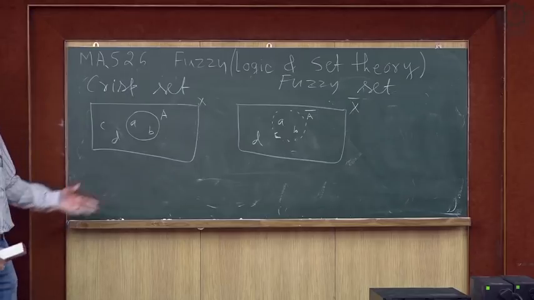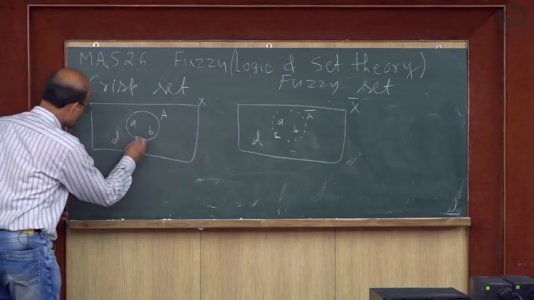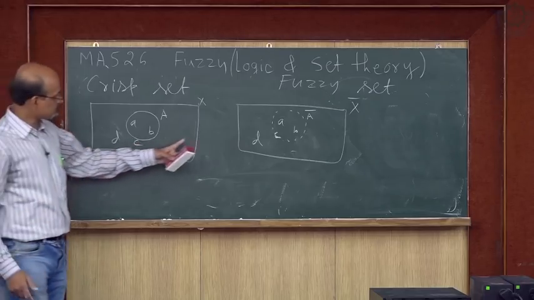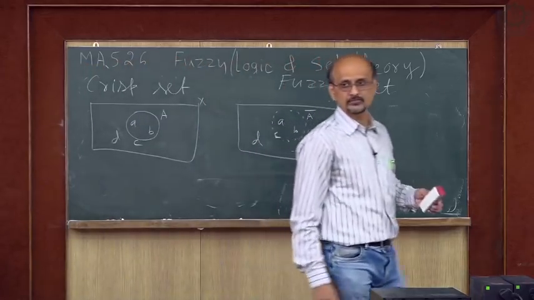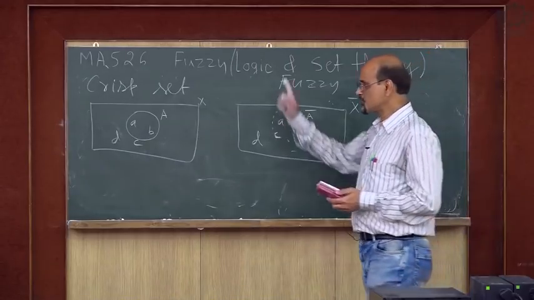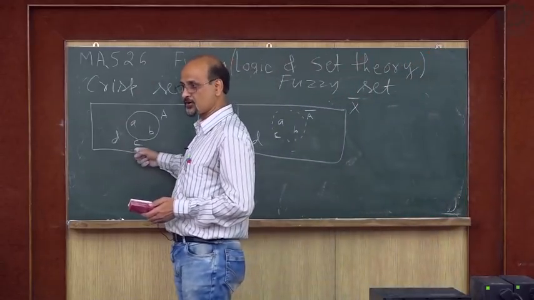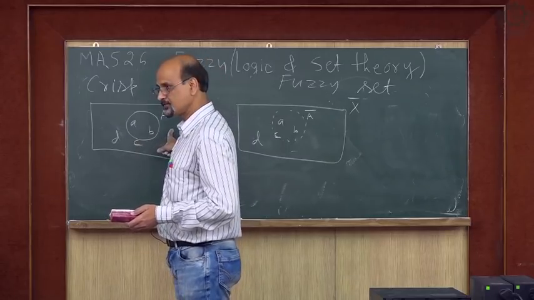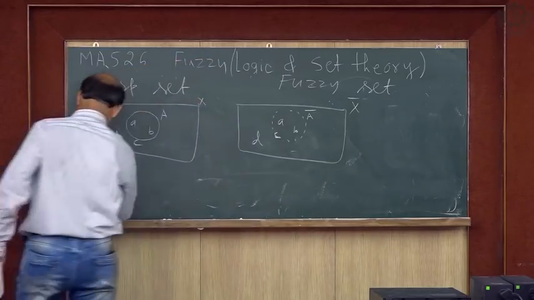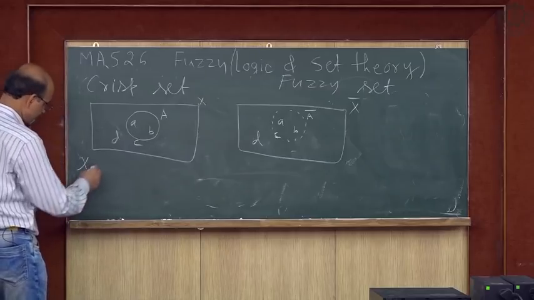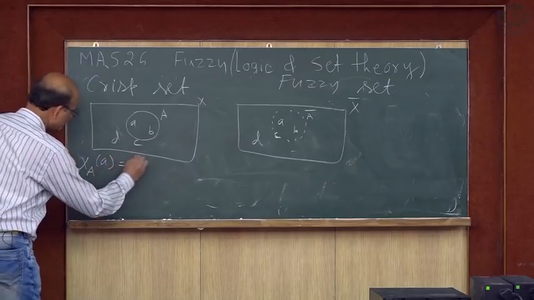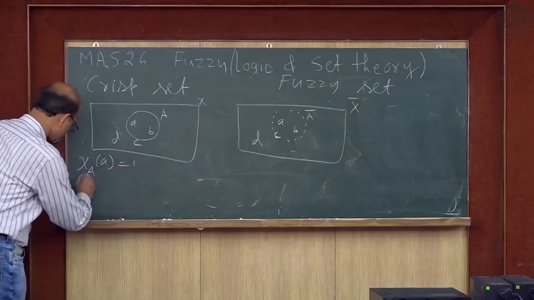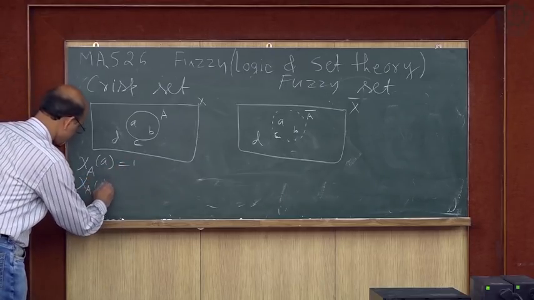I can have C here, no problem, near to this. So, what about the membership function for these two sets? If you remember the definition of membership function for crisp set theory, you have chi A of A is 1, chi A of B is 1.